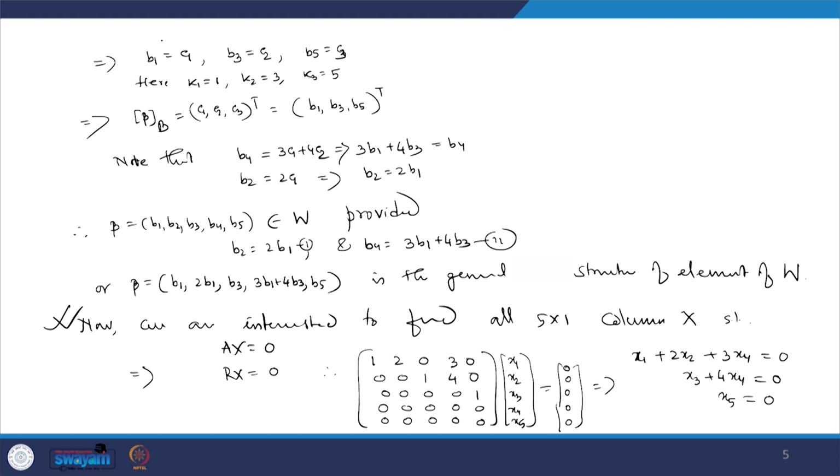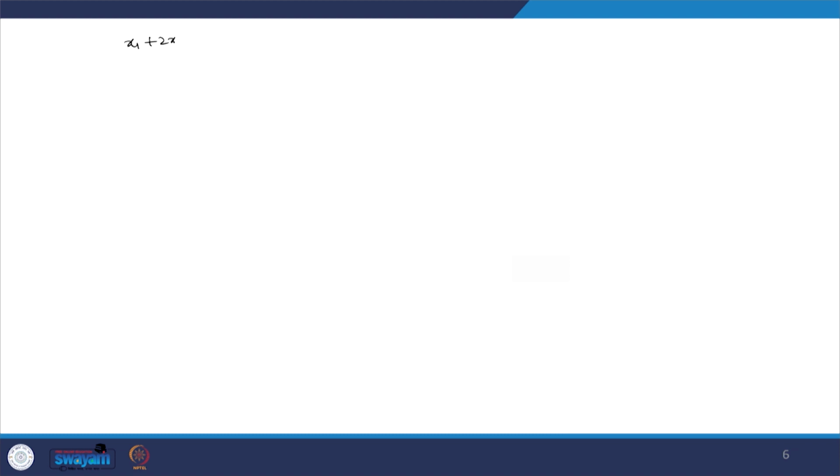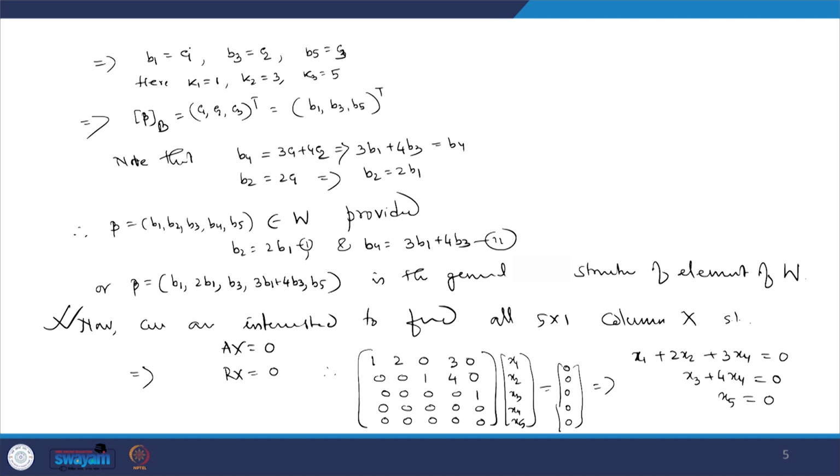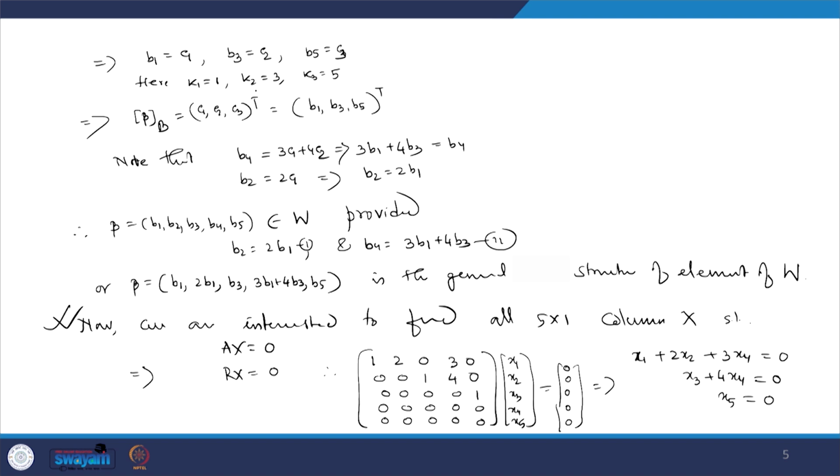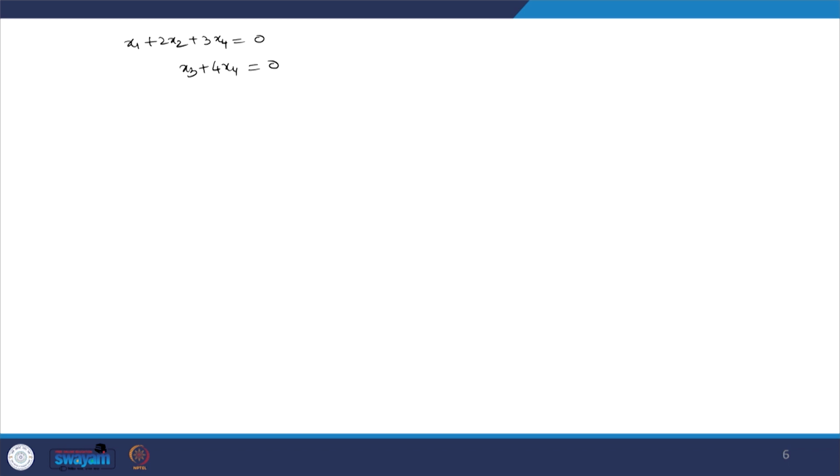So, I can write x1 explicitly as a function of x2 and x4, x3 as a function of x4, and x5 equal to 0.